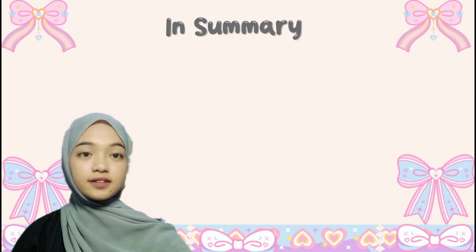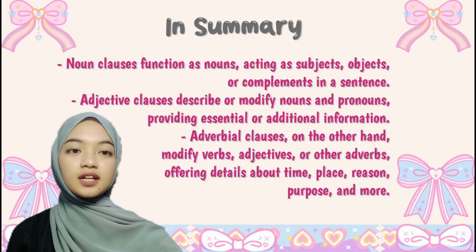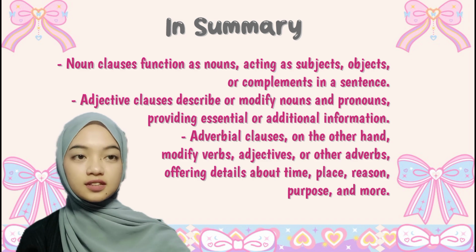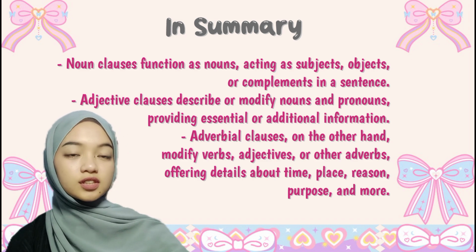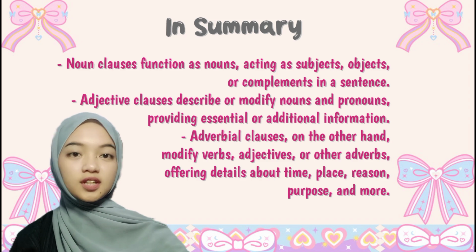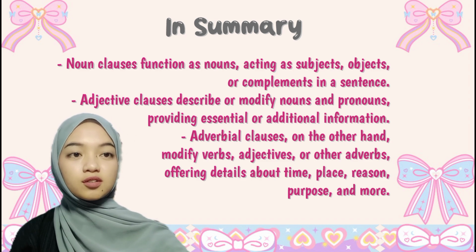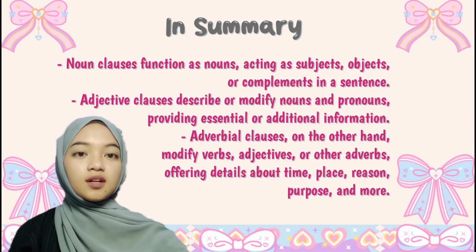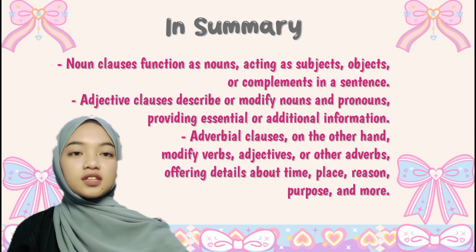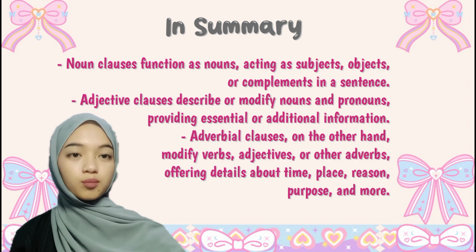So guys, in summary, noun clauses function as nouns, acting as subject, object, and subject complements in a sentence. Adjective clauses describe or modify nouns and pronouns, providing essential or additional information. And adverbial clauses, on the other hand, modify verbs, adjectives, or other adverbs, offering details about time, place, reason, purpose, and more.